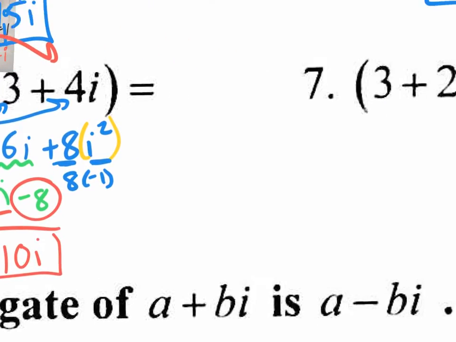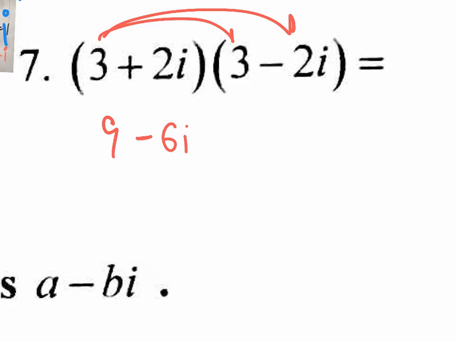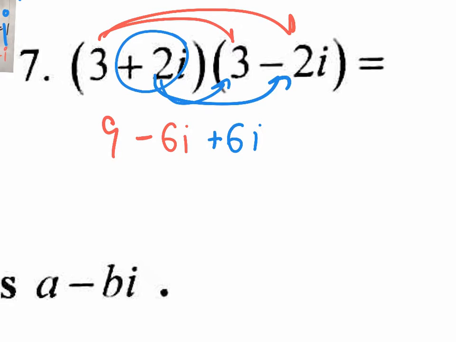Number 7 is super fun. I love number 7. Does anybody have an answer for number 7? 13 is the answer. How do we get that? Check this out. 3 times 3 is 9. 3 times negative 2i is negative 6i. Positive 2i times positive 3, that's a positive 6i. Positive 2i times negative 2i, that's a negative 4, but then i times i is i squared.